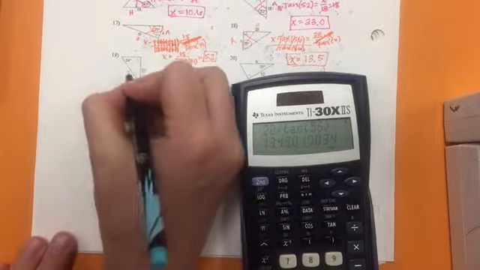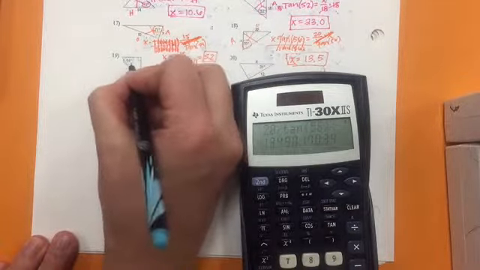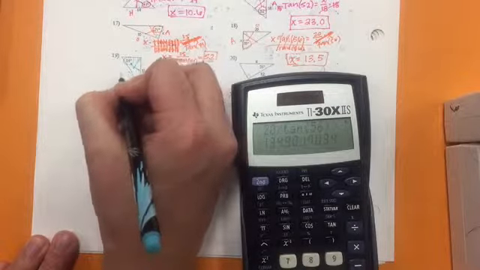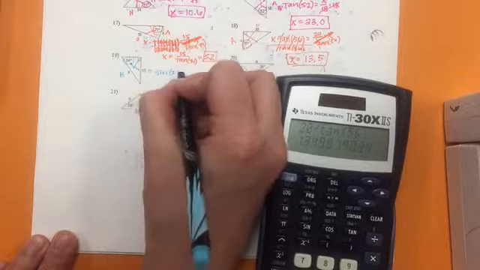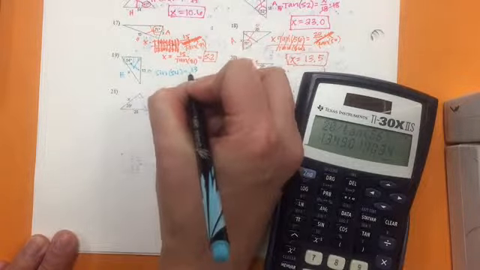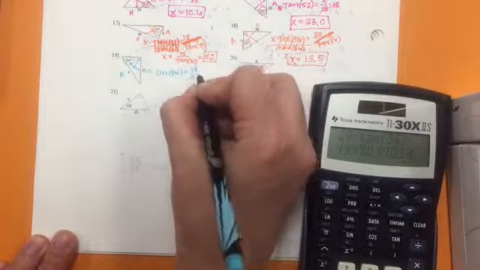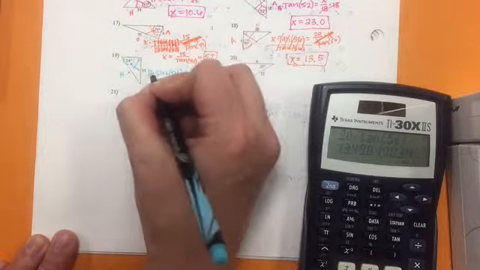On 19, my angle is 54. I have O and H, which means I'm using sine of 54 equals O over H. Multiply by the denominator.